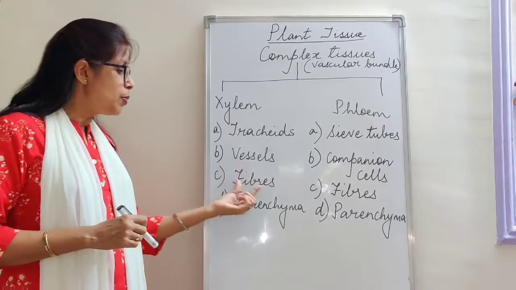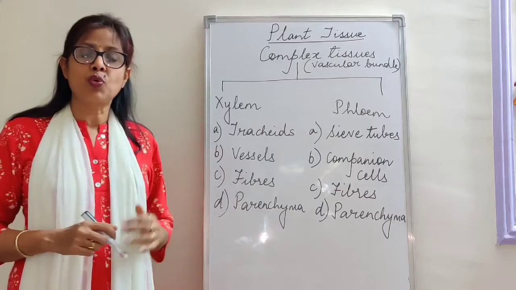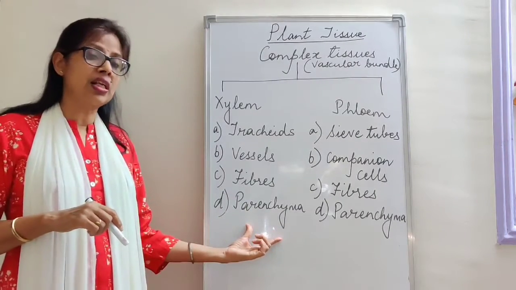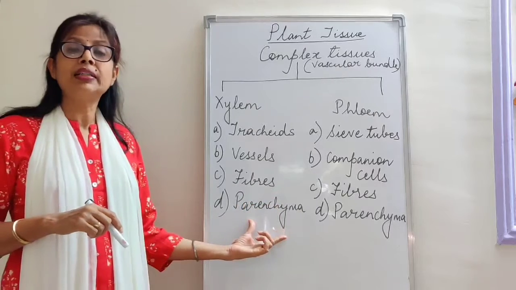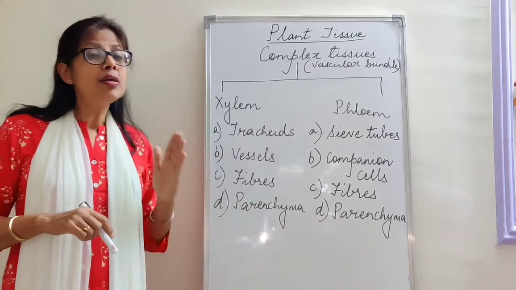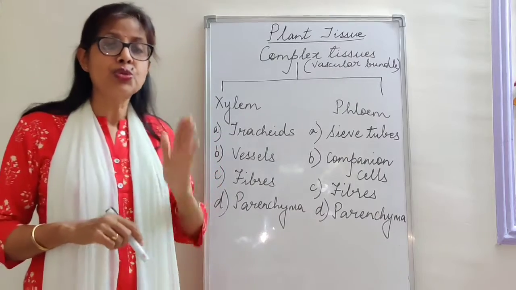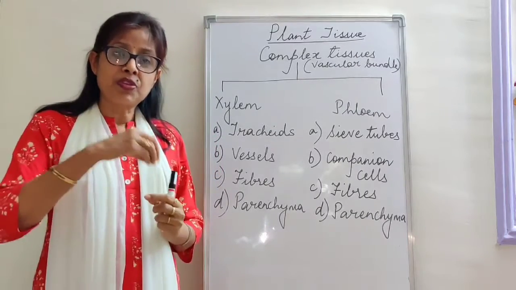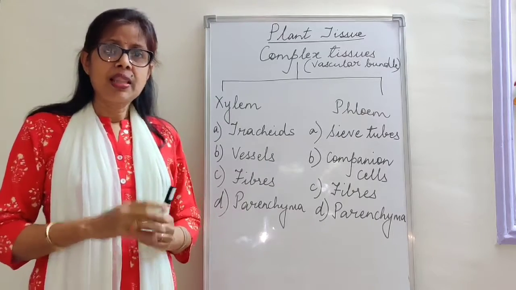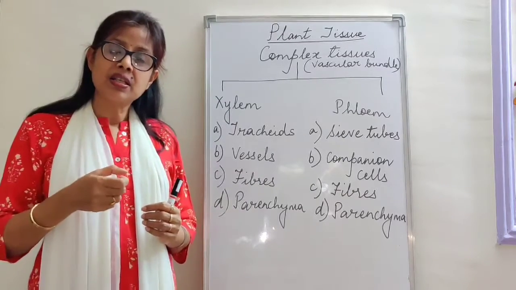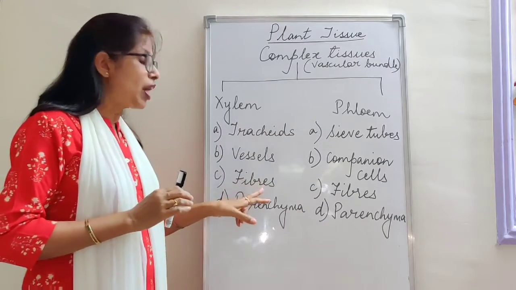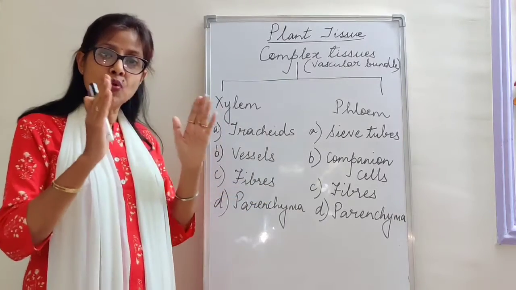Fibers give support, and parenchyma, as we studied in the last class, is the one which stores the food. So when the xylem tissue goes up, it transports water and it needs support.